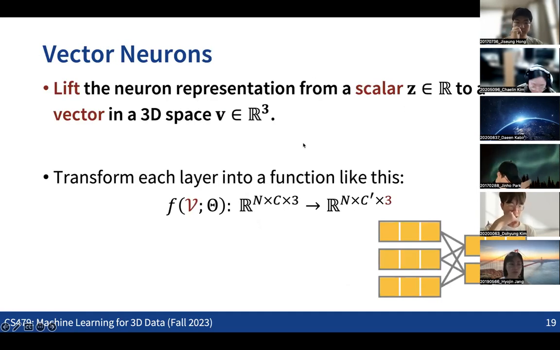So what we are now going to do is transform each layer in PointNet, lifting the neural representation from scalar values into vector values. So now we have C three-dimensional vectors for each point. And we are also transforming this set of features so that we now have C prime three-dimensional vectors for each point.